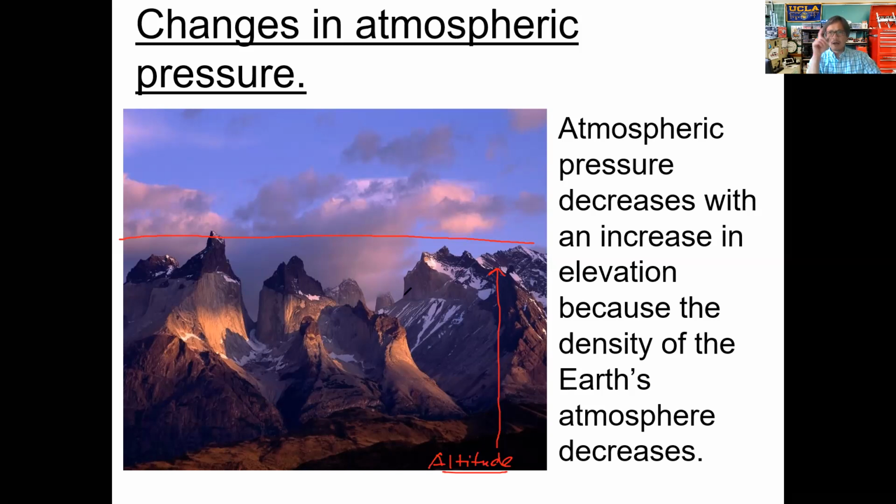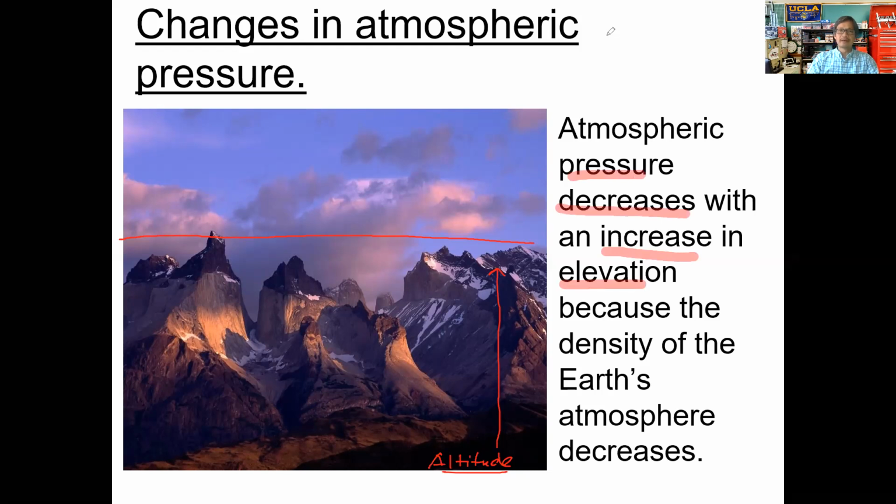First of all, I'm going to highlight this for you. As you go up in elevation, as you increase your elevation, the atmospheric pressure itself decreases. Let's go ahead and write this down.